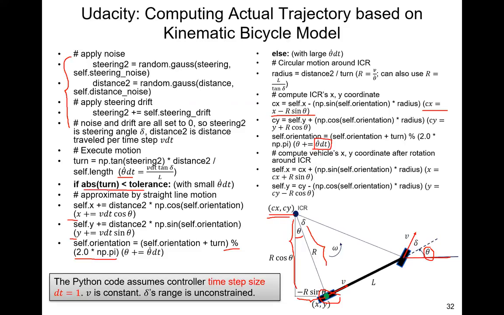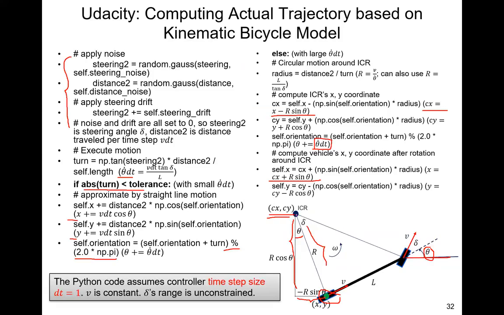And then based on the new heading, after adding the turning angle, you get a new coordinate after rotation, which is from the ICR's coordinates, you perform a reverse derivation to get the xy coordinate of the rear wheel.